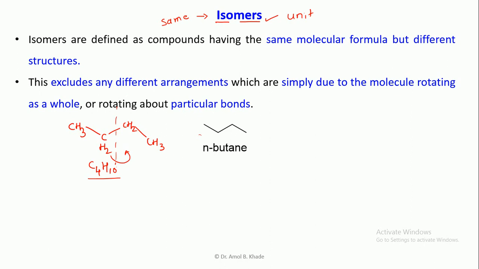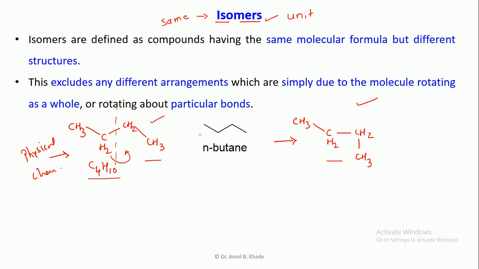The structure remains the same, and the arrangement of the atoms also remains the same. Even if I write the same n-butane in this way with CH2, changing the bond angles, this structure is still n-butane. The physical and chemical properties remain the same, so these two structures are not referred to as isomers.